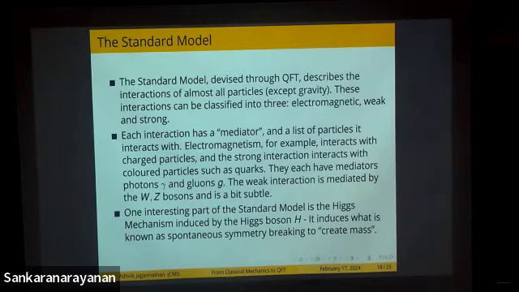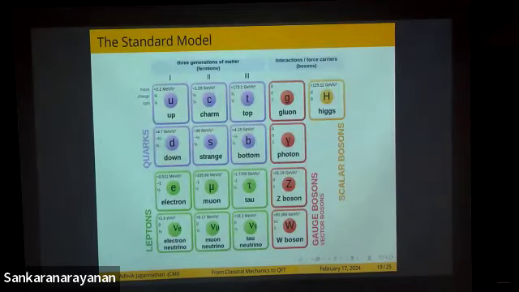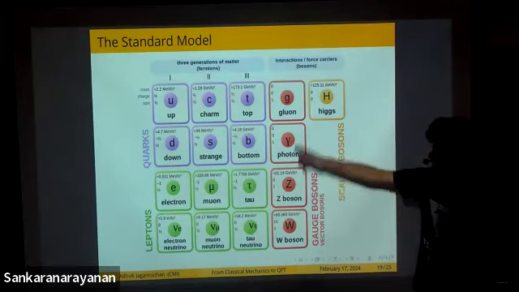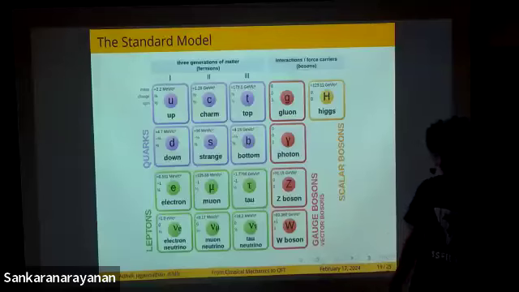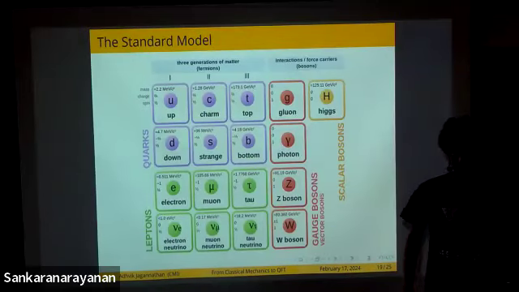Right. This is the list of particles. I think this is a standard Wikipedia image. So you have quarks and leptons, and the bosons here, which are the mediators of the interactions, and this is the Higgs boson, which is separate.